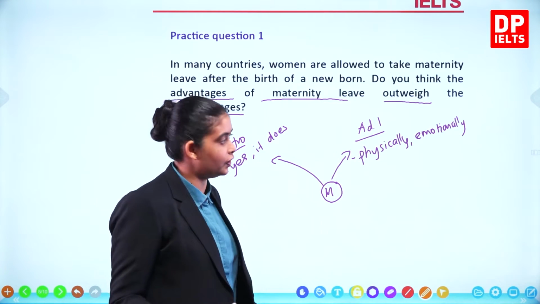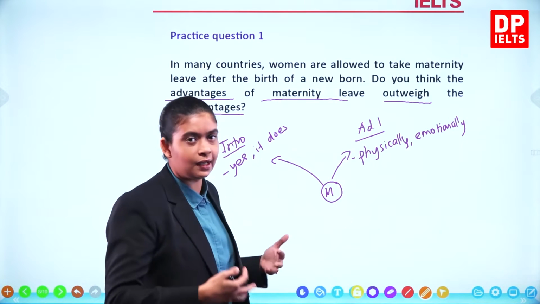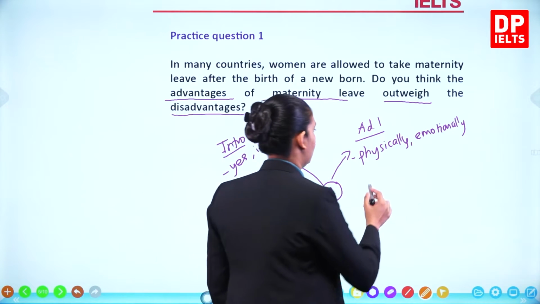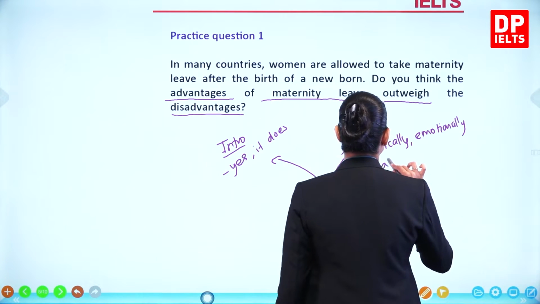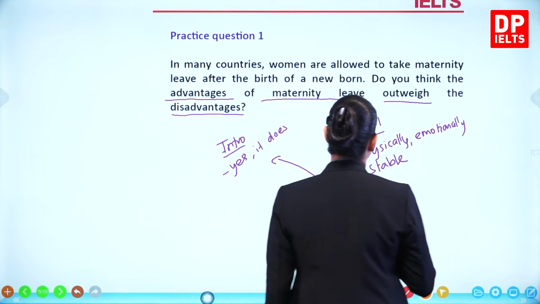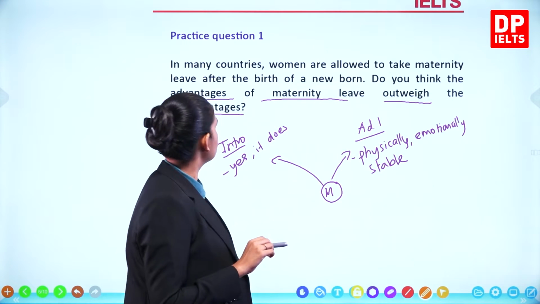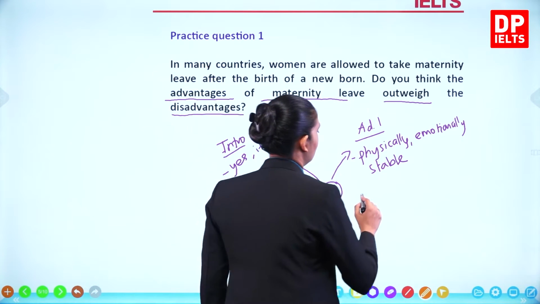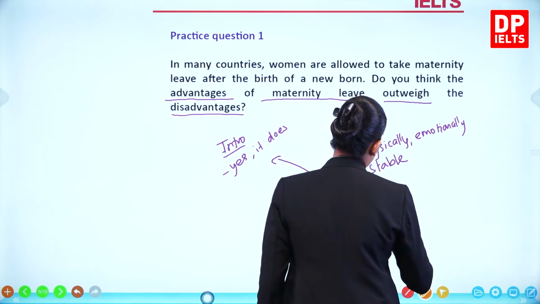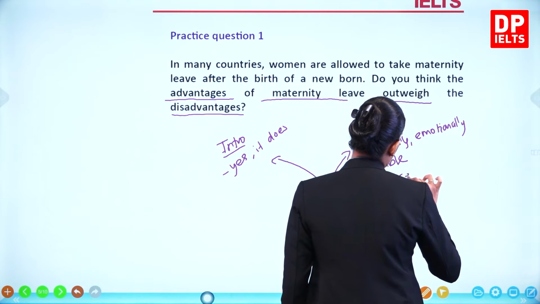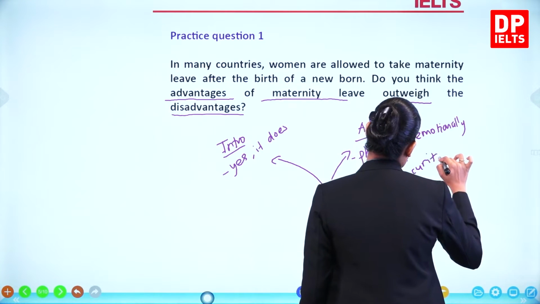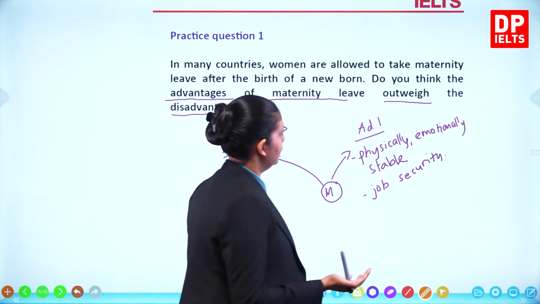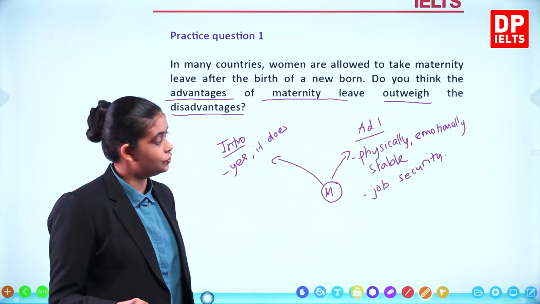Emotionally, you're quite different. So you need that time to become stable. So I think it is quite important. And when you have maternity leave, your job is also secure, right? So job security is also there. So I think, yes, it is something good.